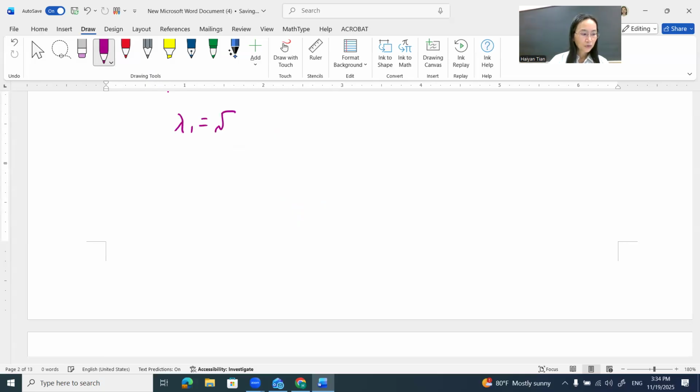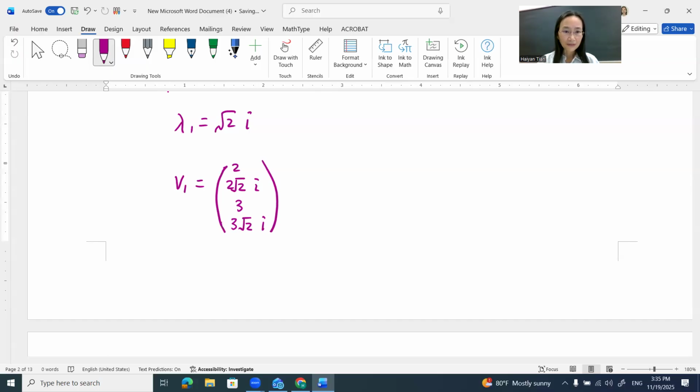Lambda 1 is square root of 2i, and v1, the corresponding eigenvector, is this. You can use MATLAB or some other tools to do the calculation, so you don't have to work manually to get the eigenvalues and eigenvectors. So here, that's a complex eigenvector for this complex eigenvalue. But you can write it to see better.